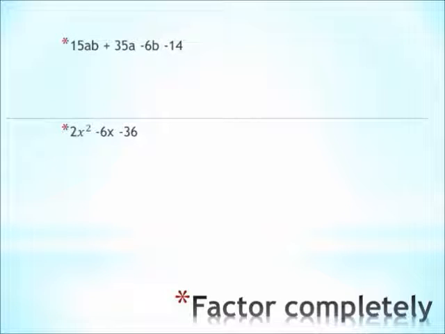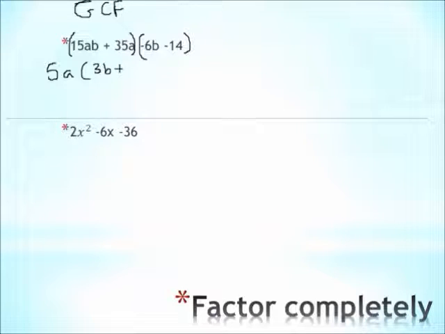Now let's look at factoring. Factoring is pretty simple, especially when we have 4 terms. You're going to group the first 2 terms together and then the second 2 terms together, and you're going to try to find the GCF. So looking at this first group, our GCF is 5a. So if I take out 5a, I'm left with 3b. Then if I take out 5a on the next term, I'm left with 7.